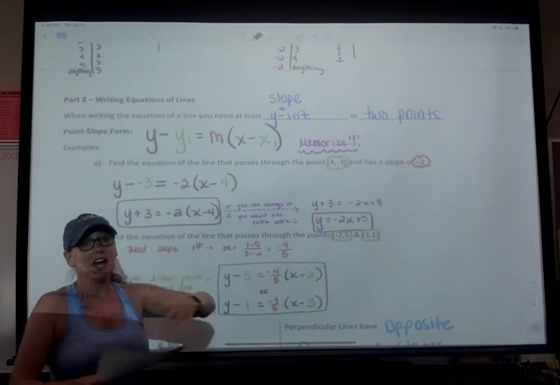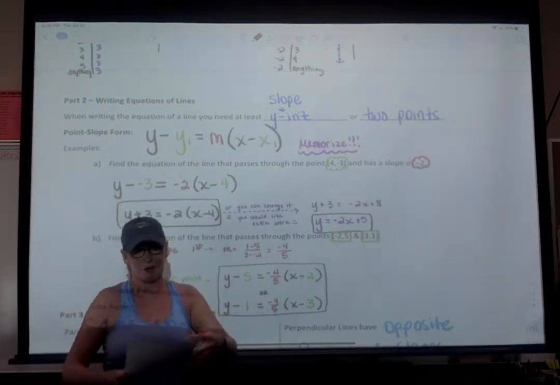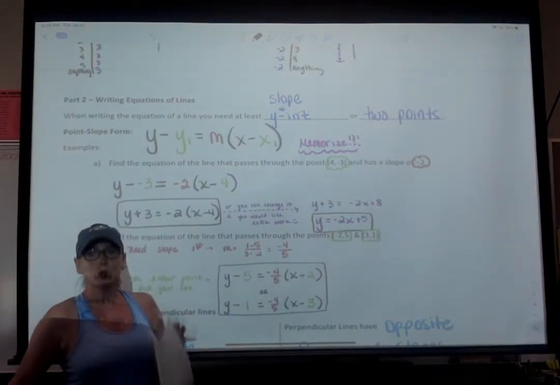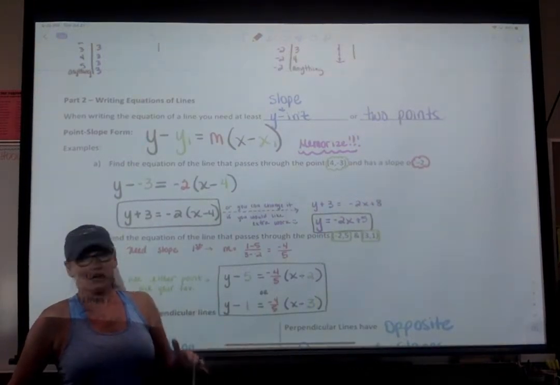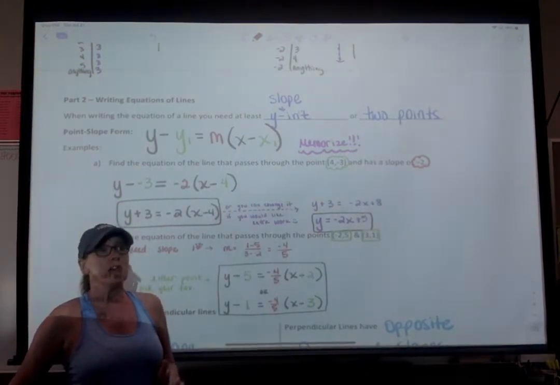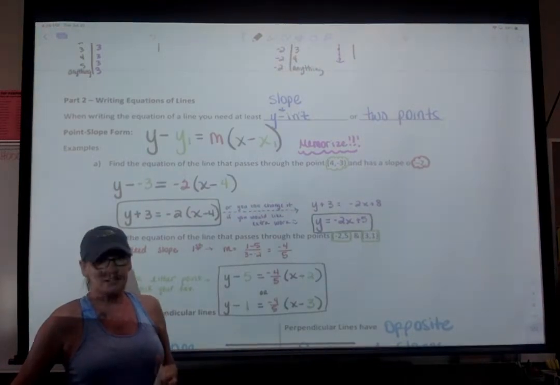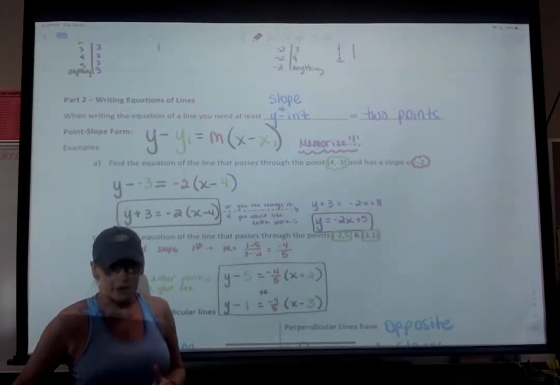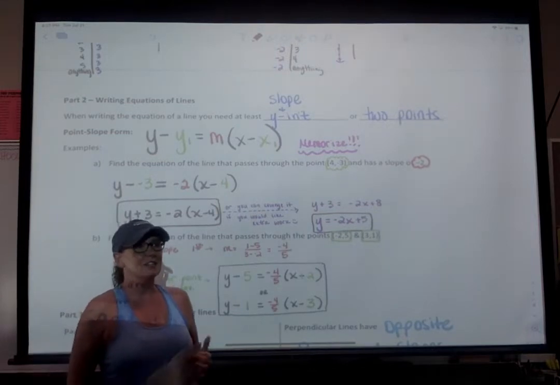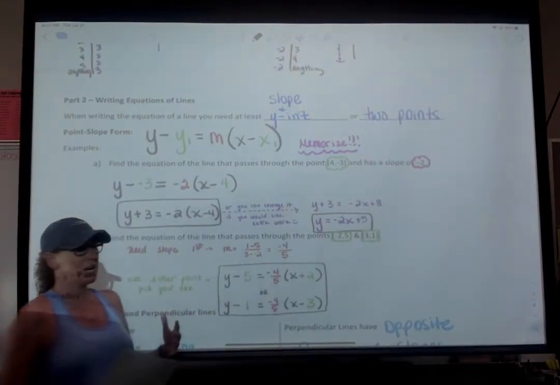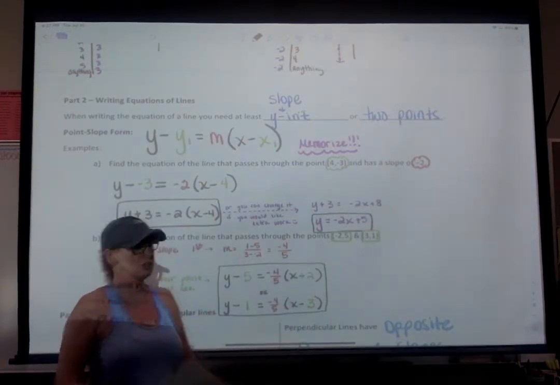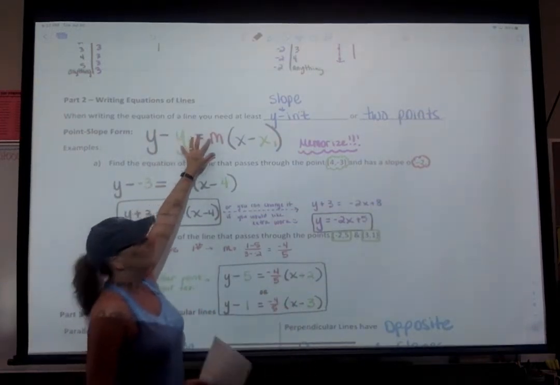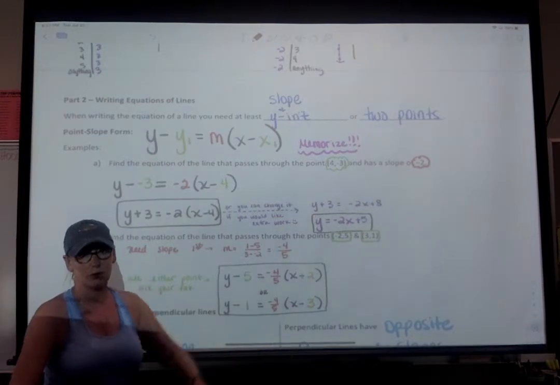And I'm going to say this to everybody, even though it doesn't apply to everybody, but for those people who will be going on to calculus, whether here or in college, you will have to write equations of lines frequently. And what I always encourage my students to do, and what the AP exam wants my students to do, they want the students to write it in this form and leave it in this form.